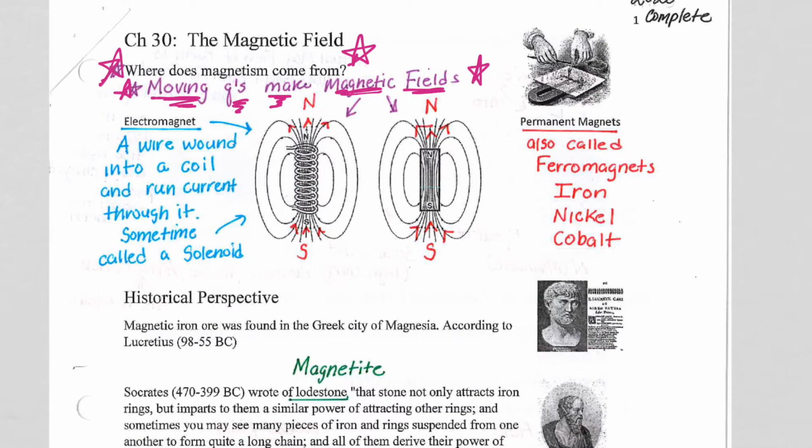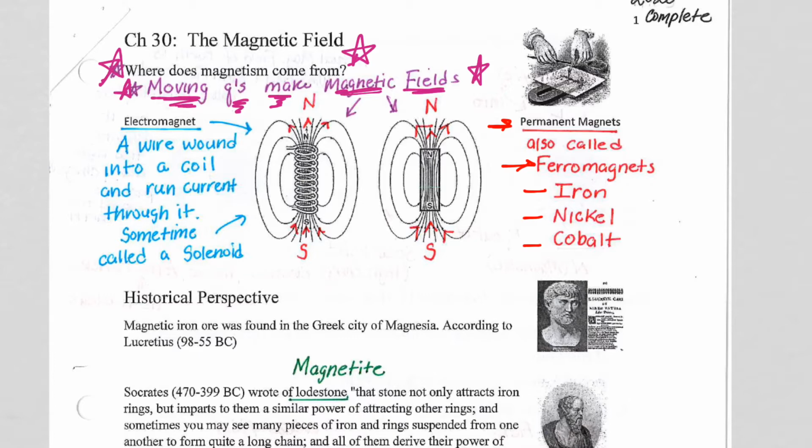Well, one thing we know about are permanent magnets, like those refrigerator magnets. They are also called ferromagnets, and they are metals. So iron, nickel, cobalt, for example, are metals that can have magnetism, and not all metals do. For example, aluminum cannot be magnetized.